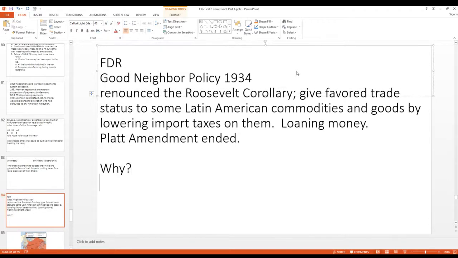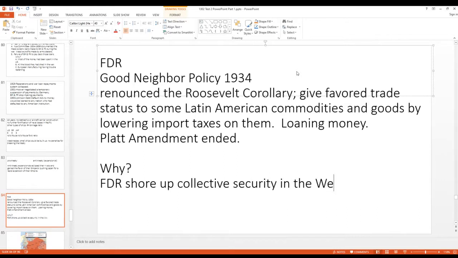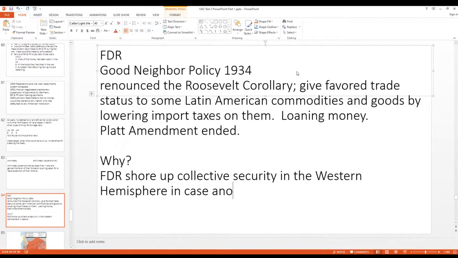And so what Roosevelt is hoping to do is shore up collective security in the Western Hemisphere in case another war breaks out, right?